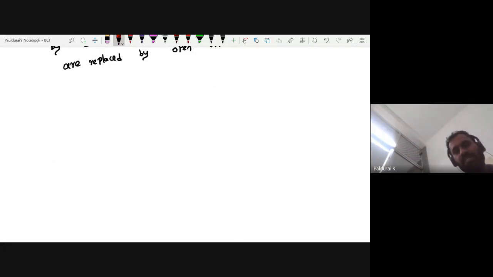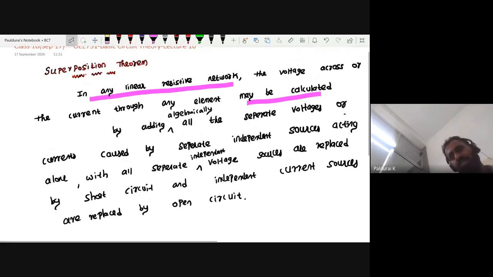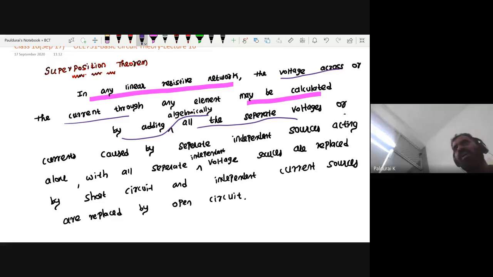After the superposition theorem, what's next? Do you want to take this down? Yes, take this. I will give you 2 minutes. In any linear resistive network, you can find either the voltage across or the current through any element, and that may be calculated by adding algebraically all the separate voltages or currents, caused by separate independent sources acting alone. At a time you activate any one independent source. If you have a dependent source, don't touch it, because the nature becomes non-linear.